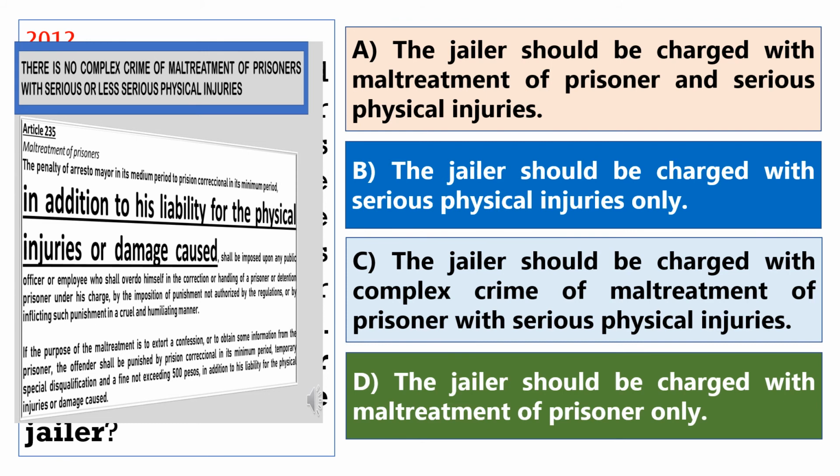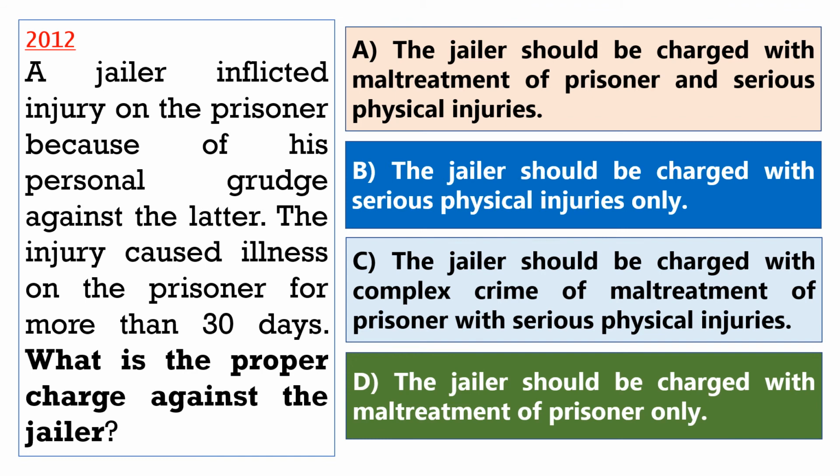Because very clear, see Article 235, that the public officer or employee is liable for maltreatment of prisoners, but he is also liable, sabi nga dyan ha, in addition to his liability, he is also liable for the physical injuries or damage caused. That is the reason why the answer is letter A. The jailer is liable for 2 offenses. Number 1 is maltreatment of prisoner, and number 2, serious physical injuries because the illness lasted for more than 30 days.